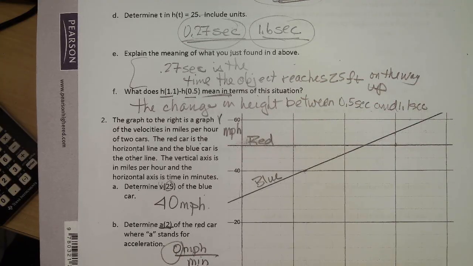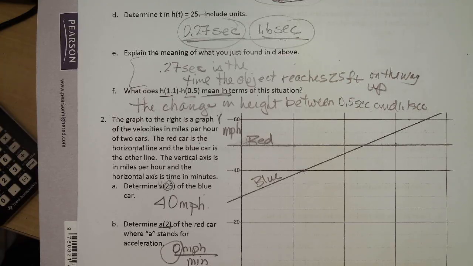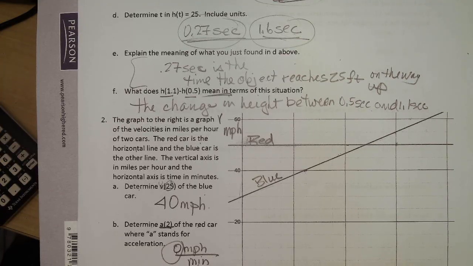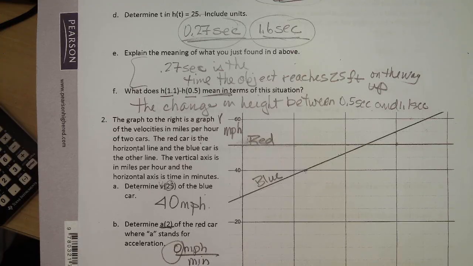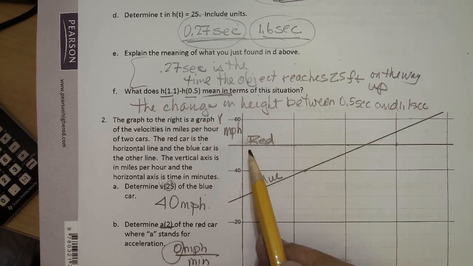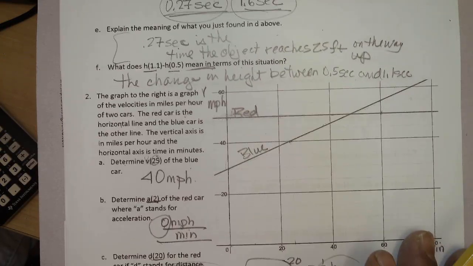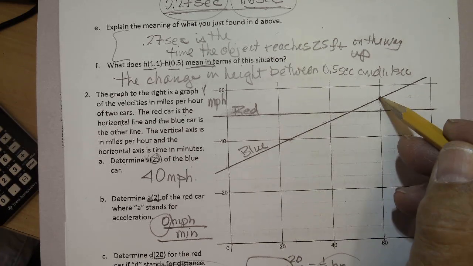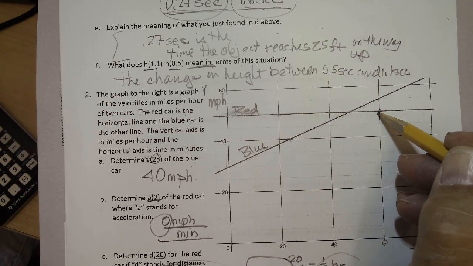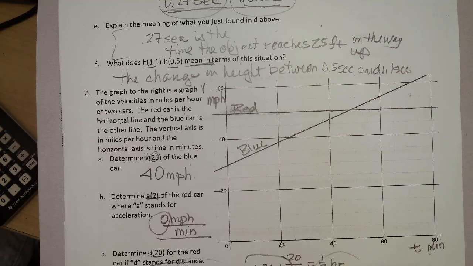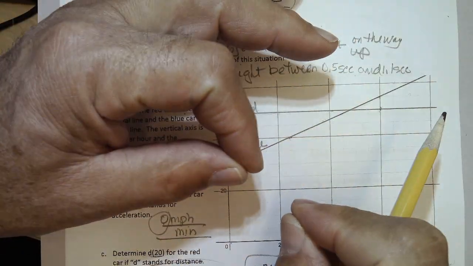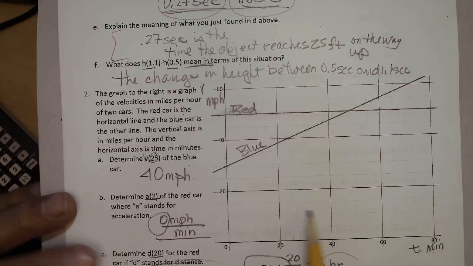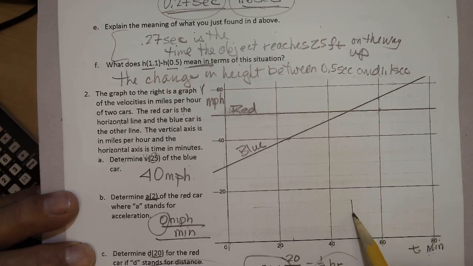So if both cars are at the same place at 60 minutes and traveling in the same direction, which car was ahead before? Well, both cars are at the same place at 60 minutes. I've got to think about this here and make sure I say this right. At 60 minutes, they're both here.